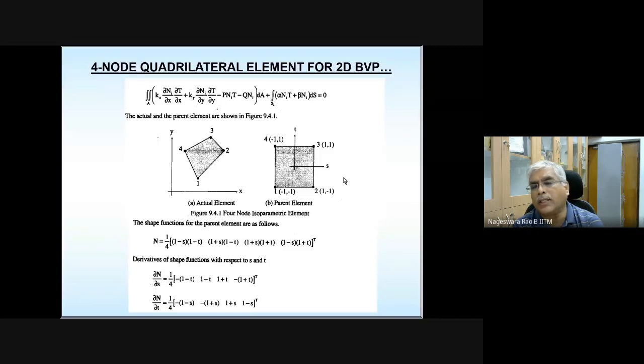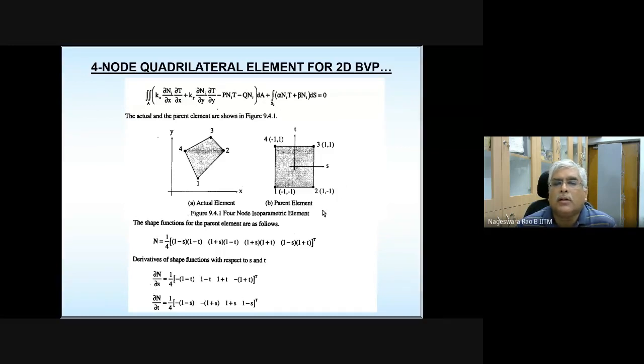The new thing when you come to 2-dimensional problems is this Green's theorem: integration by parts along with Green's theorem. After that, everything is going to be straightforward. Try to understand the 3-node triangular element first. Once you understand it, replace the element shape functions with higher order elements like the 4-node, 8-node or 9-node element. Then it's going to be easy to understand.